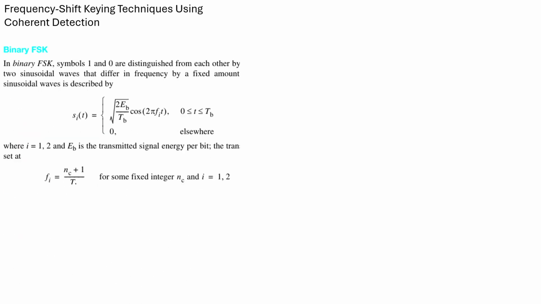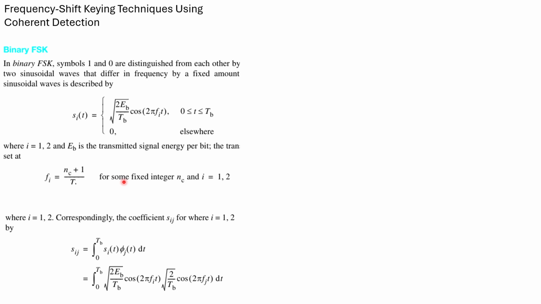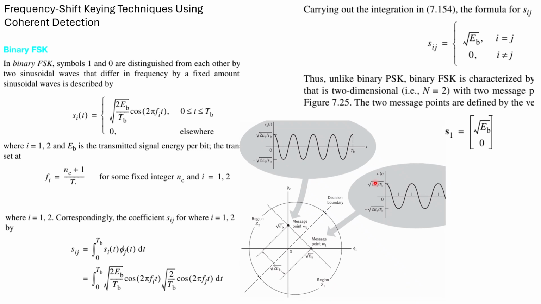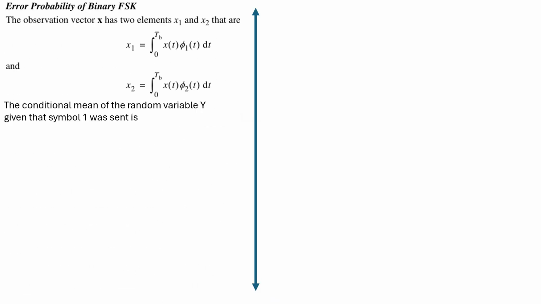Similarly, for frequency shift keying, you can check that two different signals are there, and again we can calculate the power and the SI, and for different frequency values you can check the signal constellation graph. For BFSK, again two graphs are there, and the signals F1 and F2 are there. The probability of error you can calculate, again with x1 and phi1(t).